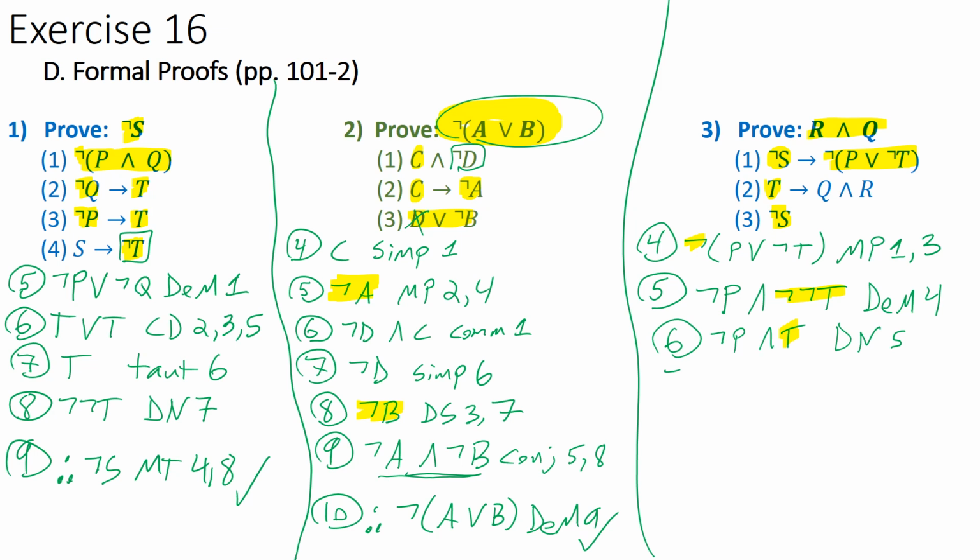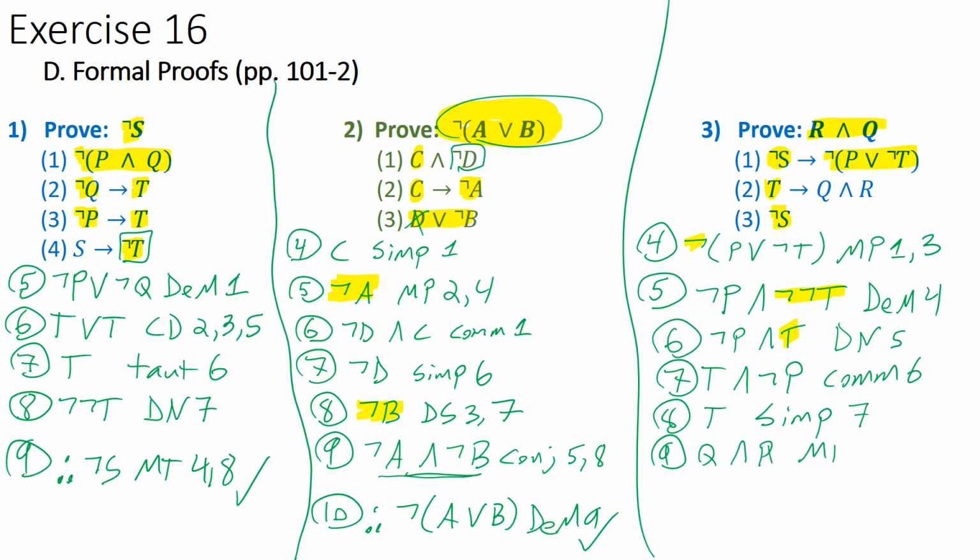So for line 7, we can say T and not P, commutative rule, line 6, and then for 8 we can get T by the simplification, by line 7. Sorry, the stylus pen is kind of going out. And then for 9 we can get Q and R, modus ponens, lines 2 and 8.